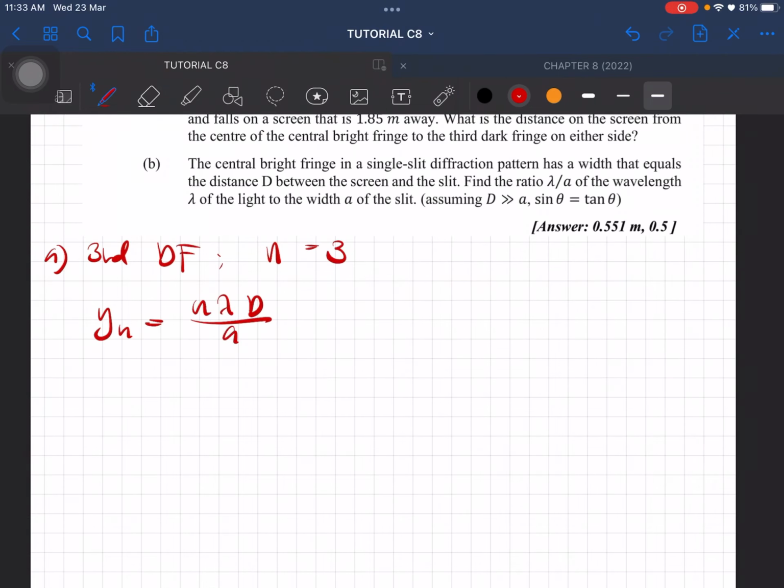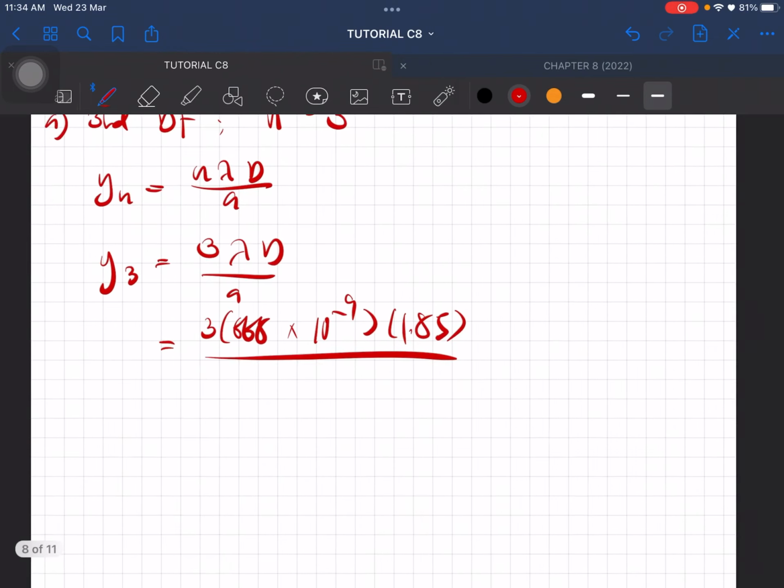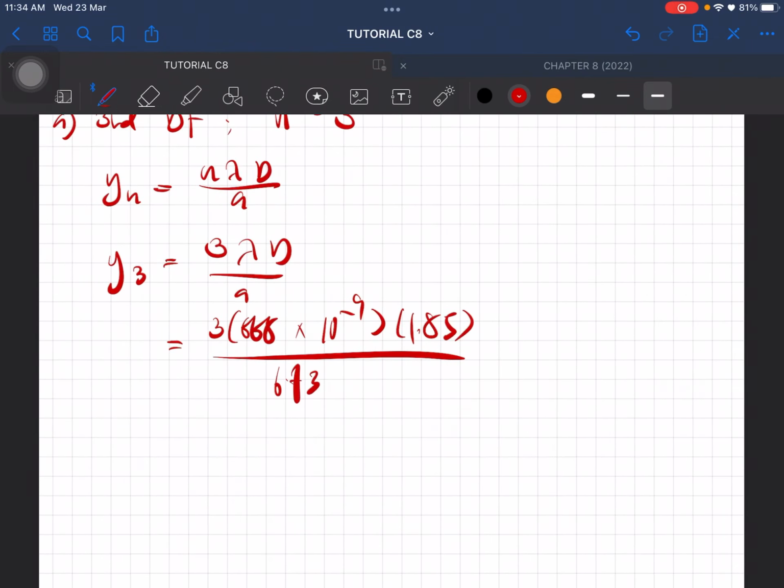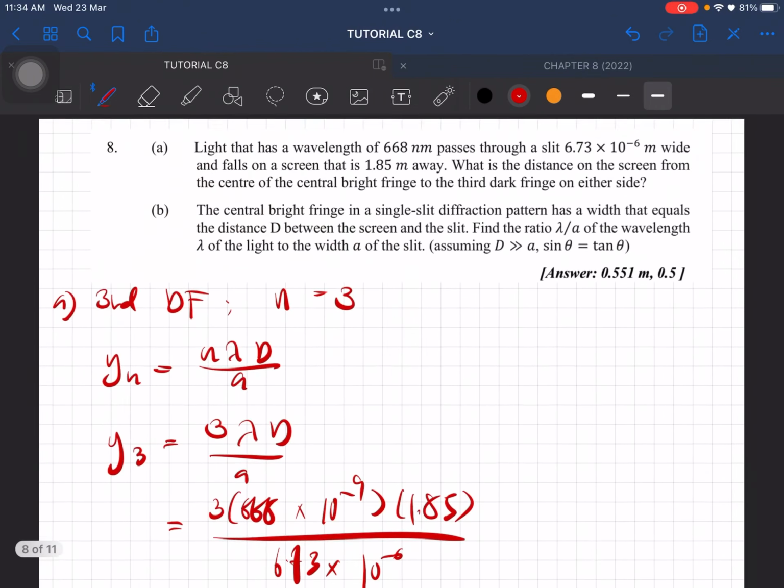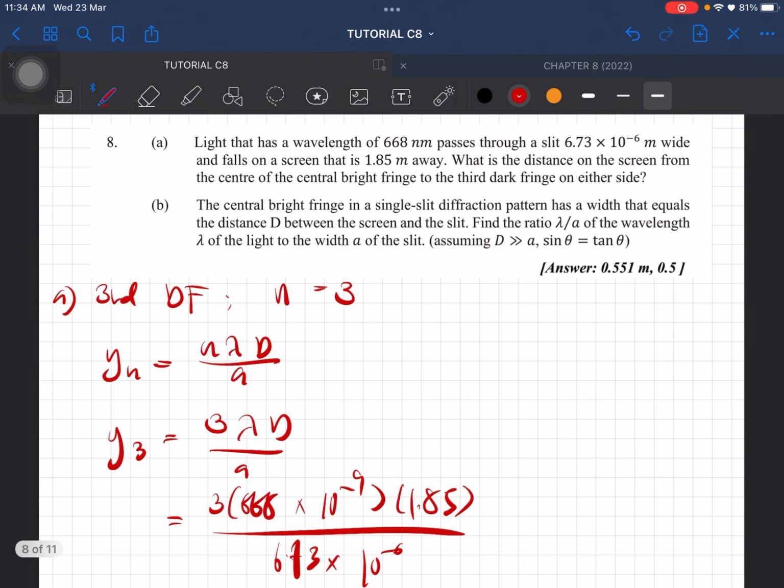This is going to be the third order, so you will get 668 times 10 to the negative 9, times 1.85, over the width of the slit, 6.73 times 10 to the negative 6. You would get 0.551 meters as the distance on the screen from the central bright fringe to the third dark fringe.